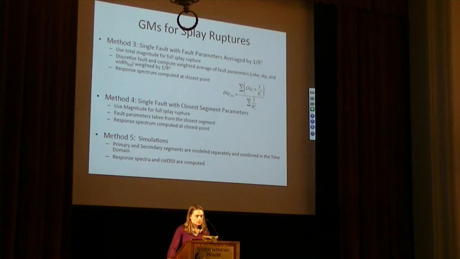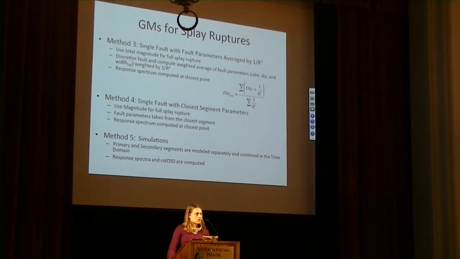In method 4, the magnitude is computed from the full fault area, the full splay rupture, and we simply use the parameters in the GMPE from the closest point. So we use the distance metrics to the closest point. We use the dip, the rake, and the width of the closest point.